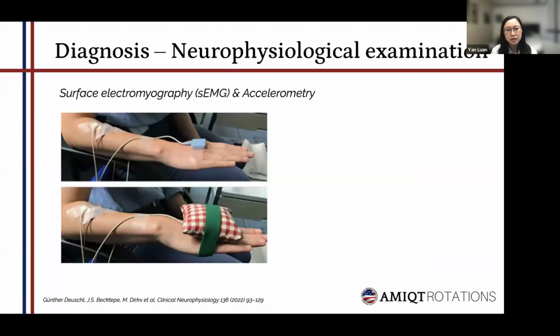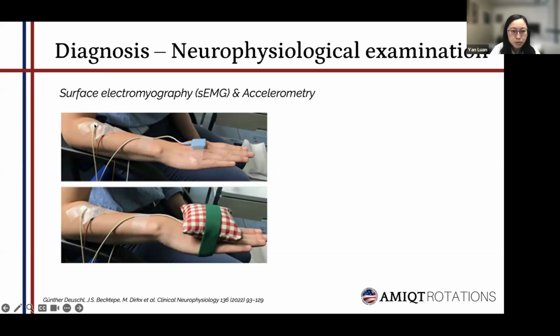And neurophysiological examination is also very important to help us diagnose functional tremor. We use surface electromyography, SEMG, and accelerometry. For the surface EMG, the electrodes are placed on the surface of the muscles that are involved in the tremor.